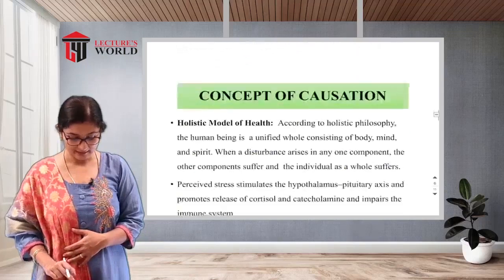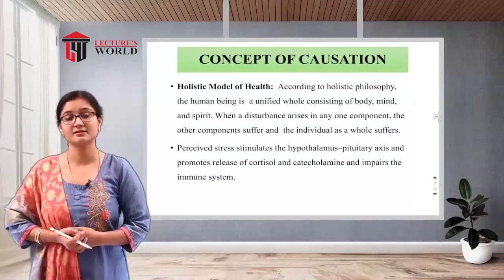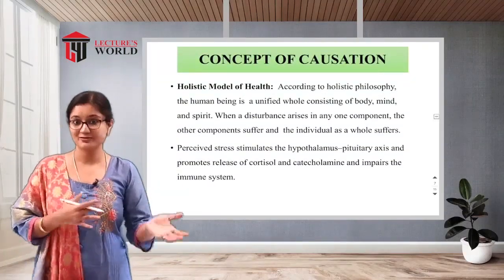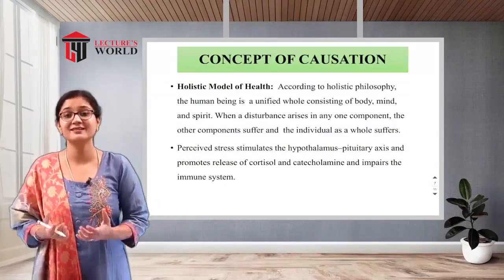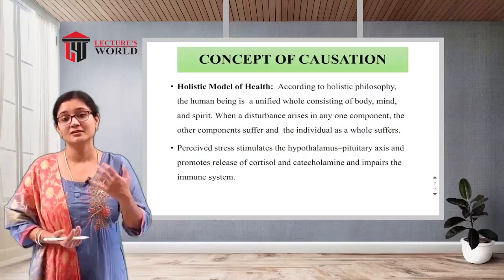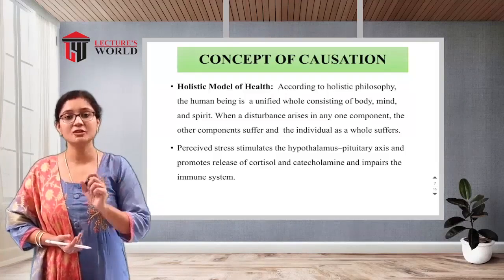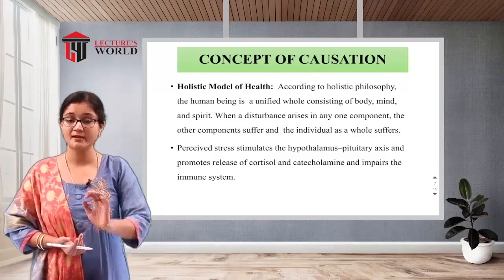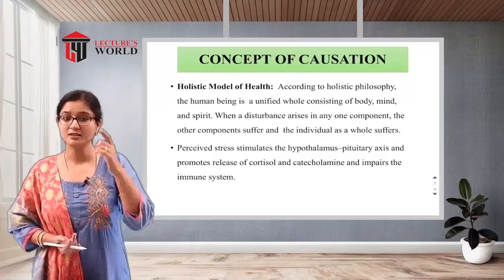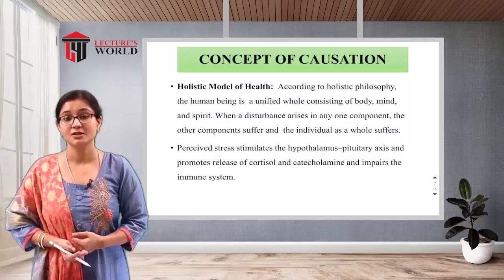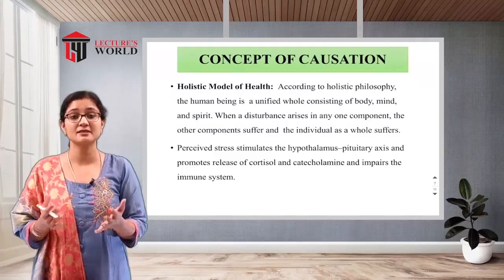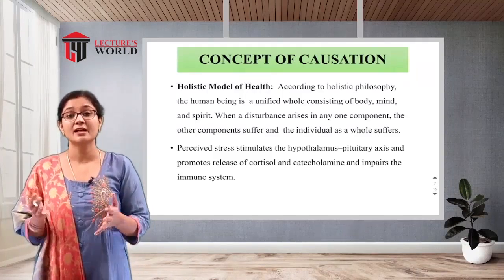So this is about multifactorial theory. And the next theory is holistic. This is very important. I know I said the first one was also important, but this is saying the real fact about the causation of disease. For example, if you see a human being who is looking healthy, that doesn't mean he is mentally healthy also. If you remember the definition of health, health is a state of complete physical, mental and social well-being.